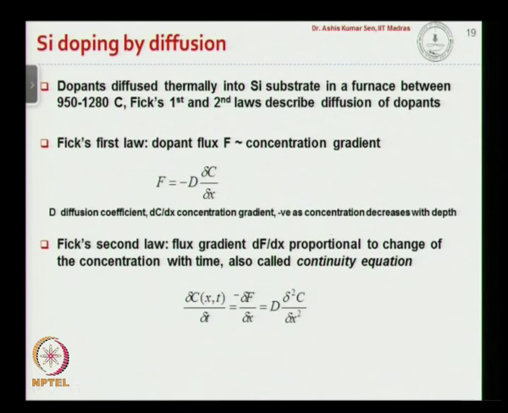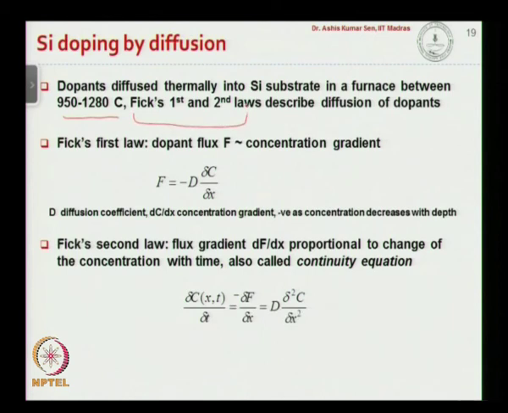So next we talk about doping by diffusion. Okay. So the diffusion of dopants occurs between the silicon substrate and the gas present in the furnace, which is typically at a temperature of 950 to 1280 degrees centigrade, and this diffusion is governed by Fick's first and second law.